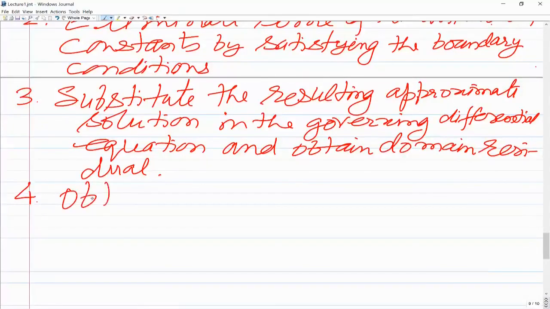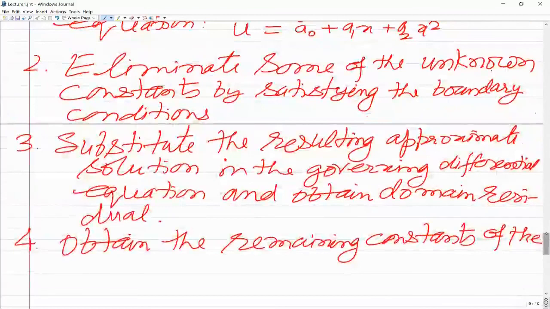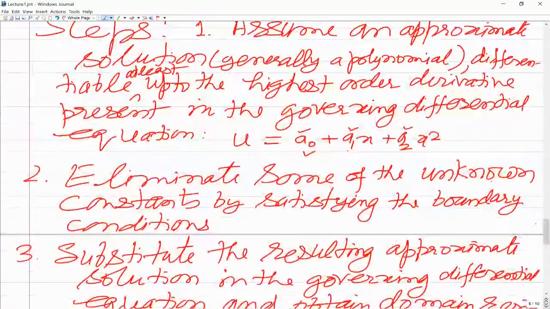So the last step in the approximate analytical solution is to obtain the remaining constants, because after satisfying the boundary conditions there will still be some unknown constants in the approximate solution. Let us say from the boundary conditions you would have got values of a0 and a1 in terms of a2, but a2 is still left as an unknown constant.